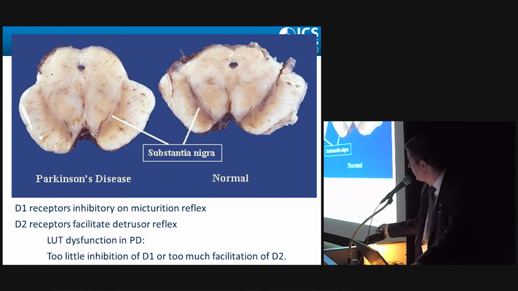We know that D1 receptors have an inhibitory effect on the micturition reflex, and D2 receptors may facilitate the detrusor reflex. So the lower urinary tract dysfunction in patients with Parkinson's disease may be due to too little inhibition of D1 or too much facilitation of D2, despite the fact it's not fully understood.